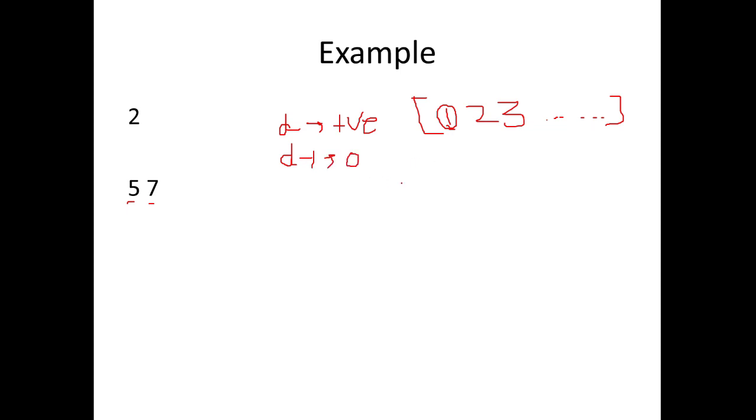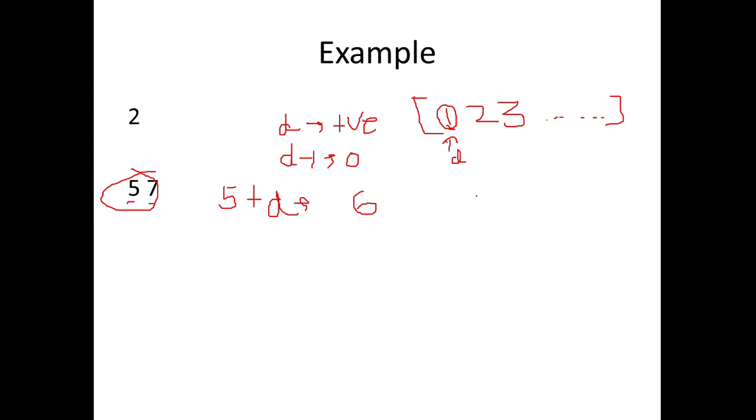So let's now take this example and start building the logic. We'll take the value of d as 1. Performing the operation, 5 plus d, where d is 1, will be 6.